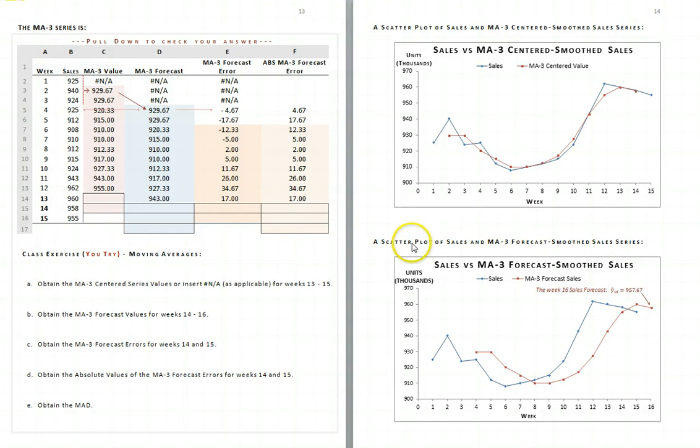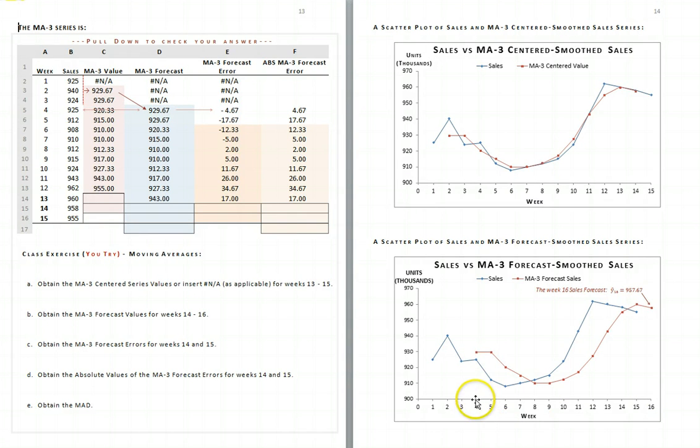Here is a simultaneous scatter plot of the actual unit sales data, again in blue, and the MA3 forecasts in red. Notice that the forecast errors can be viewed as vertical distances.